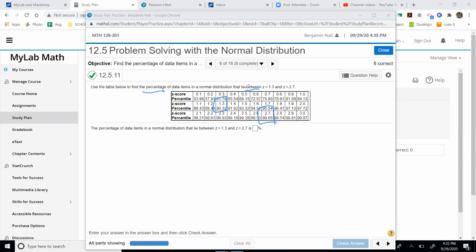So you would take that 99.65% and subtract that 90.32%, for a difference of 9.33%. That would be the percentage of data between those values.